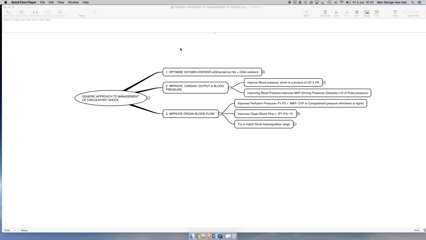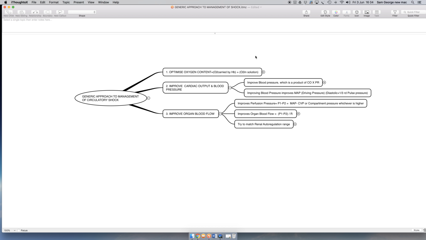How is oxygen delivered? Essentially, oxygen is carried by hemoglobin, and there's a dissolved fraction in the plasma. And that's what we mean by optimizing oxygen content. So if I approach a patient, I'll quickly look at what is the saturation, what is the arterial blood gas, and what is the hemoglobin.